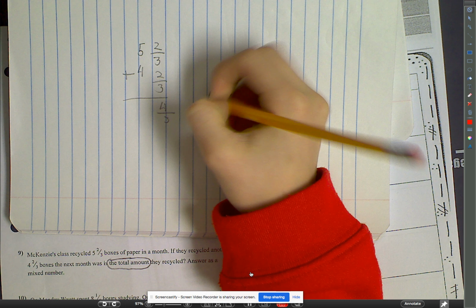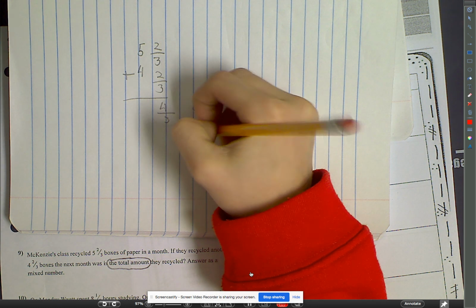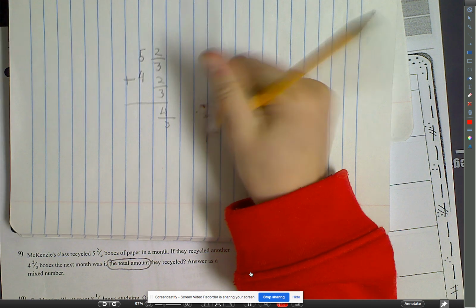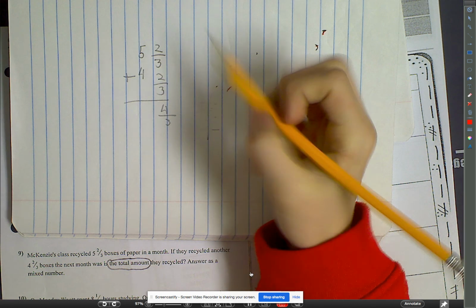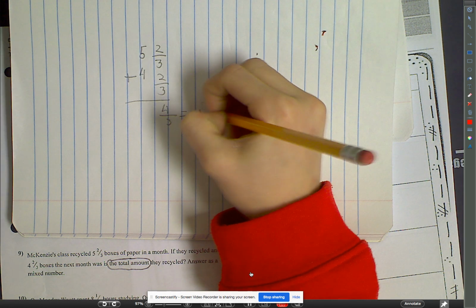And that's 1. Yeah, it'd be 1. That's right. You did it right. So what would it be? Don't erase it. It'd be 1 1/3. So this becomes 1 1/3.